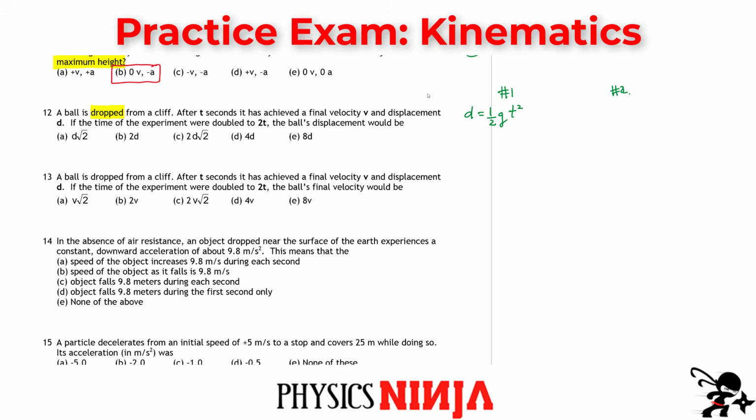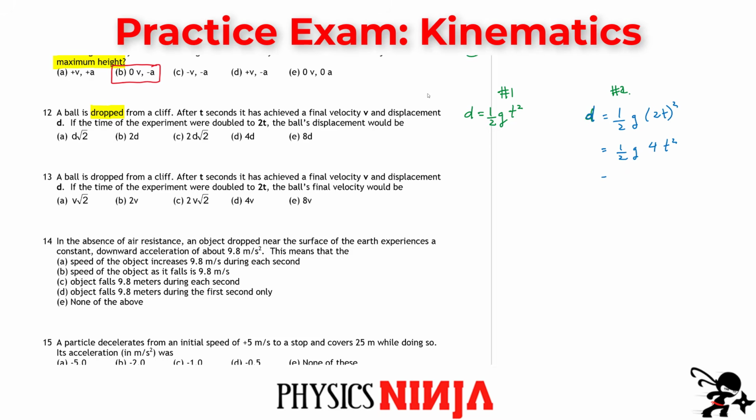In this case, the acceleration is the same, but I double the time, so that becomes 2t. When you square that value, you're going to get a factor of 4, and here you're going to have t squared.